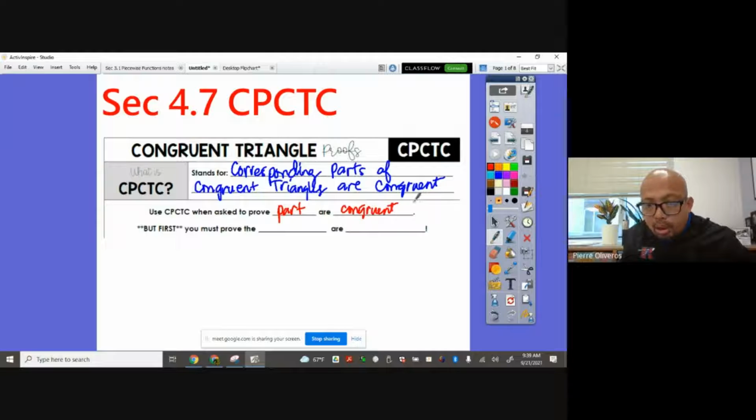By parts, I mean either the sides or the angles, okay? But first, you must prove the triangles to be congruent before you jump to a conclusion that the specific part has to be congruent.